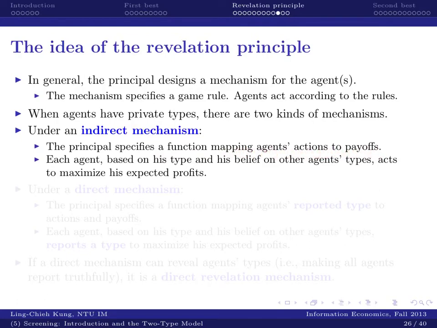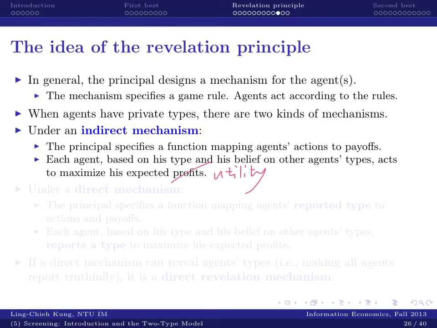For example, you choose your quantity to order, and then I tell you how much it is. This is a function mapping actions to payoffs. Each agent, suppose there are a lot, based on his type and his belief on other agents' types, acts to maximize his expected utility.